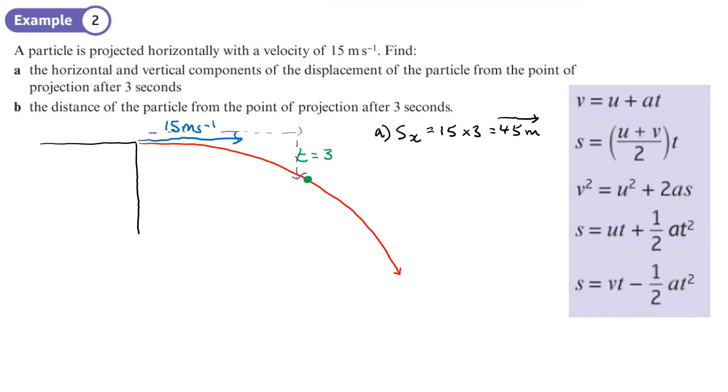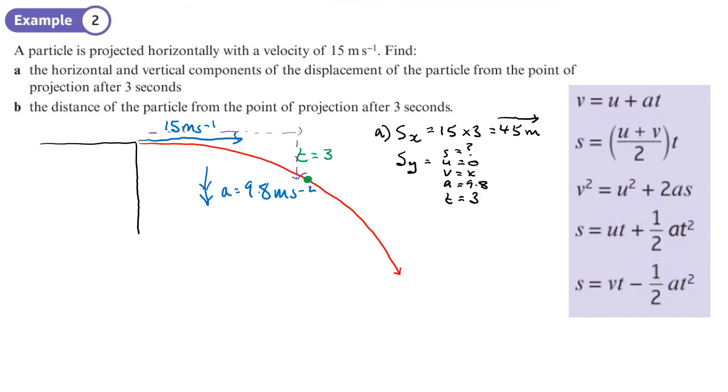Right, let's now work out the displacement vertically. Now we need to use SUVAT to do this. S-U-V-A-T. S is what we're trying to find. The initial velocity vertically is 0. V we don't care about. A is going to be 9.8 meters per second squared going down, and the time is 3.